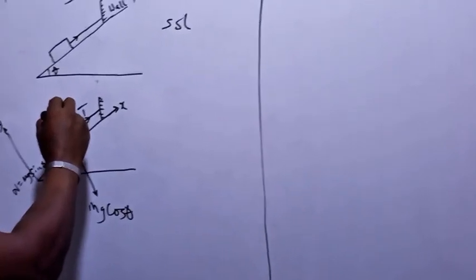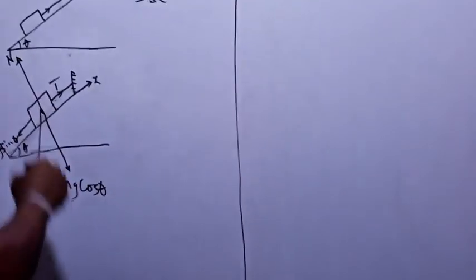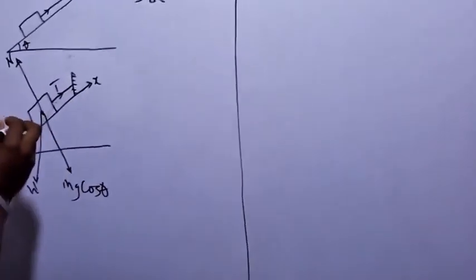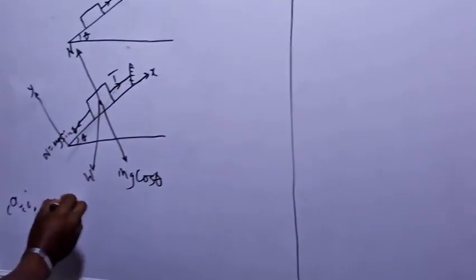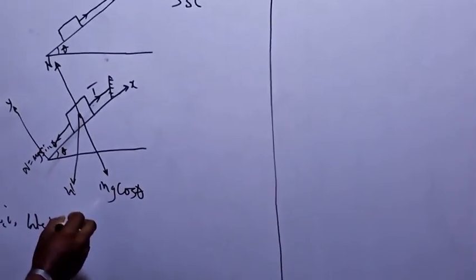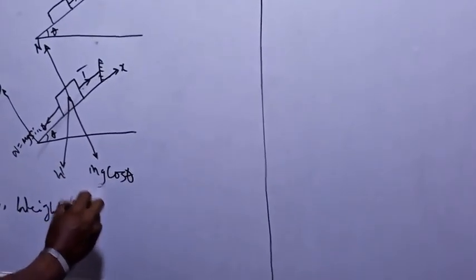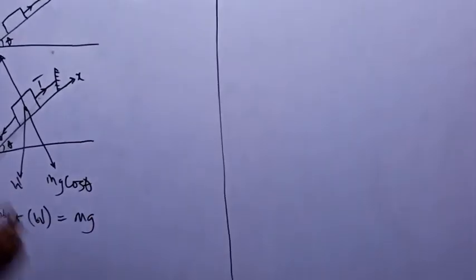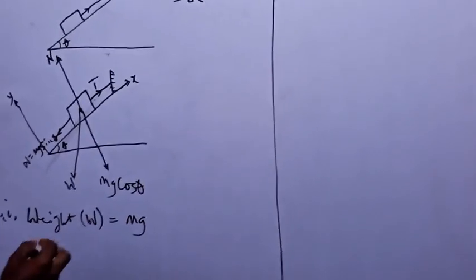I also have what we call a normal force here, the force acting upwards while weight is acting downwards to keep the body balanced even while sliding. The weight W is equal to the mass times acceleration due to gravity of the object sliding.